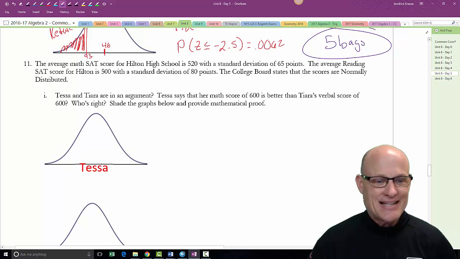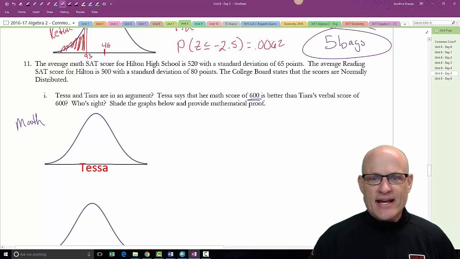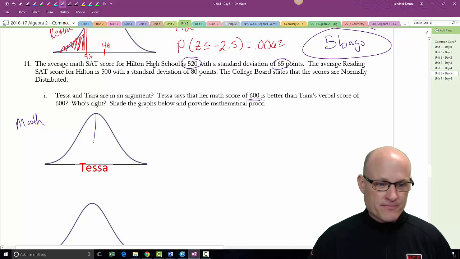So let's talk about Tessa. Tessa got a 600 on math. Well, this is math, so we're going to deal with math first. The math average is 520 with a standard deviation of 65.